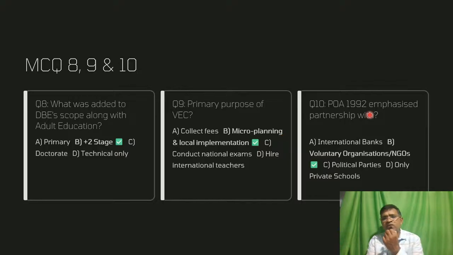The Program of Action 1992 emphasized partnership with which of these: international banks, voluntary organizations or NGOs, political parties, or only private schools? It emphasized partnership with NGOs as well as voluntary organizations.